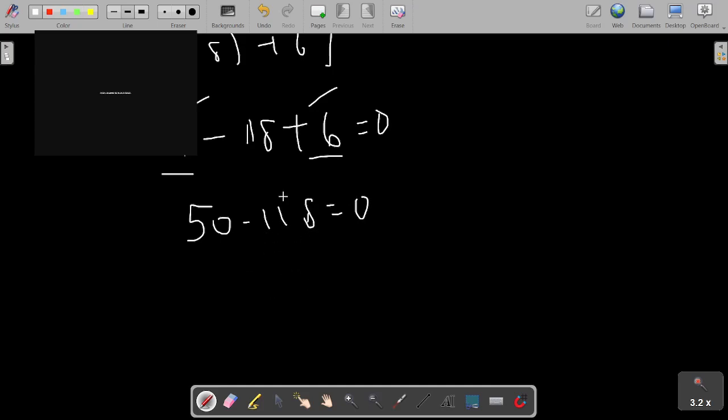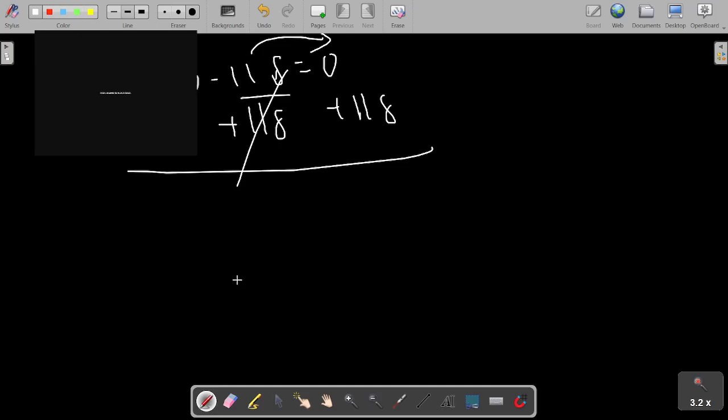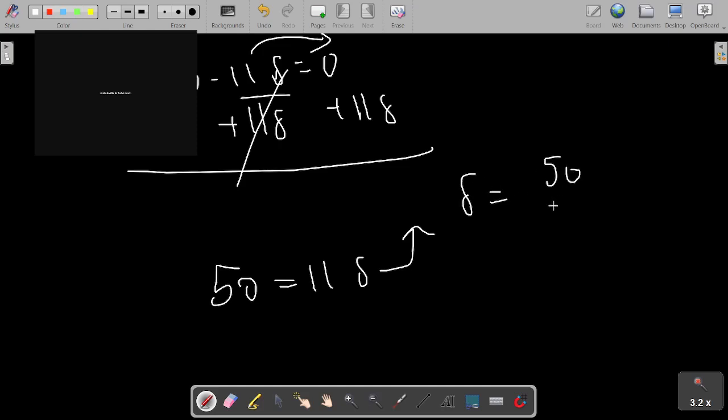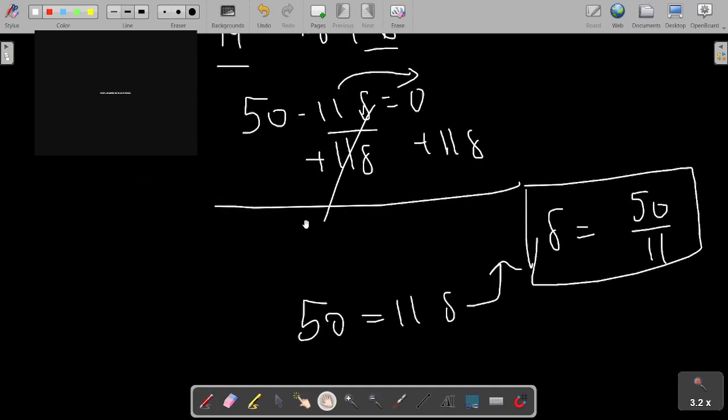If I add 11 delta on both sides, the left side cancels, and I get 50 is equal to 11 times delta. So let's divide by 11 on both sides. Then I get delta as 50 over 11.